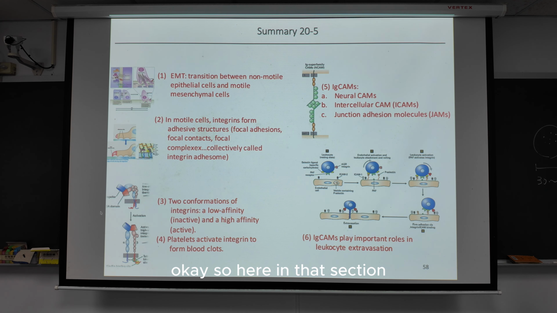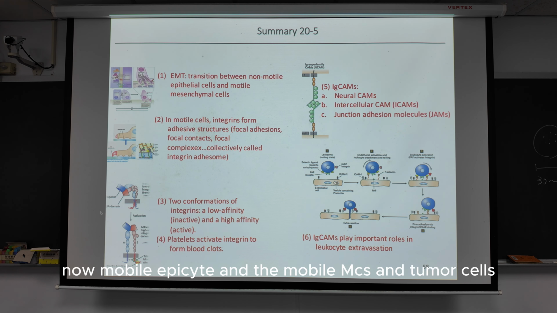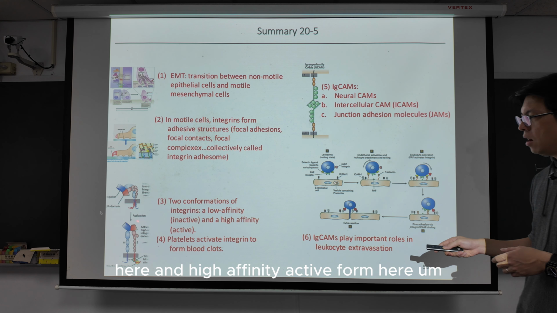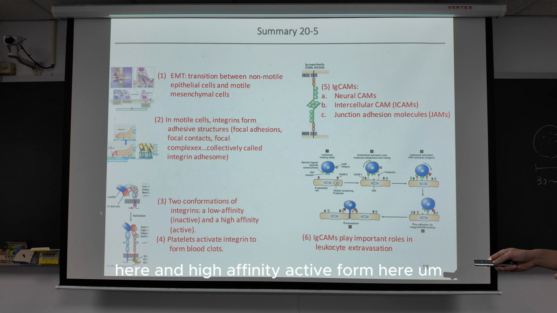Okay, so in this section we introduced EMT, which is a transition between non-mobile epithelial cells and mobile mesenchymal cells, and in multicellular organisms integrin forms the adhesion structure. We call that the focal adhesion complex. It is also regulated by the conformation change of the integrin. There are two conformations of the integrin, low affinity here and high affinity active form here.